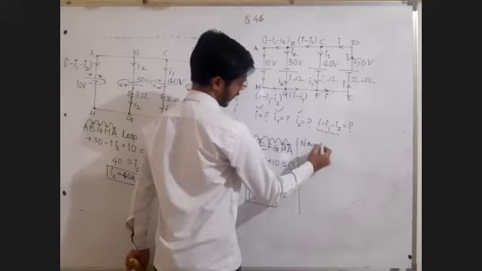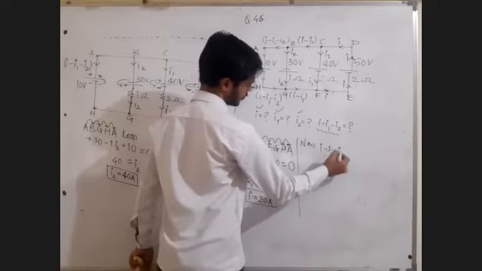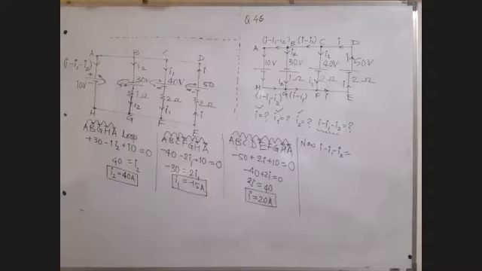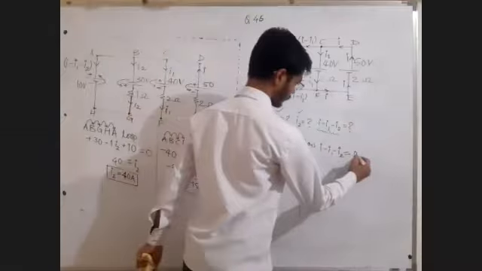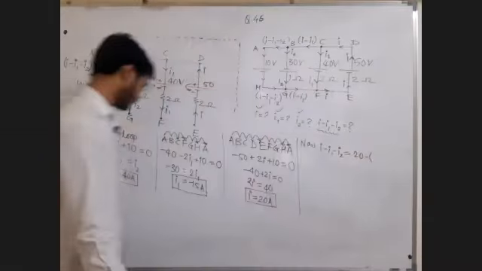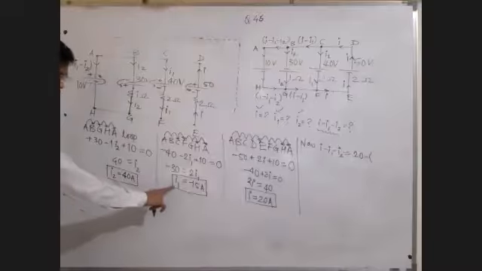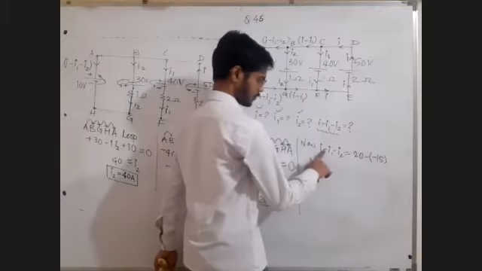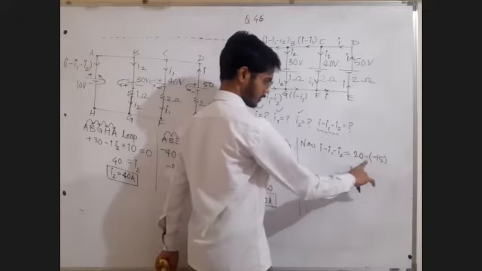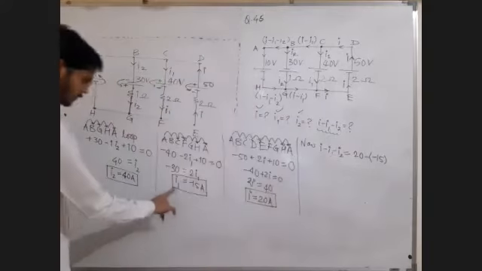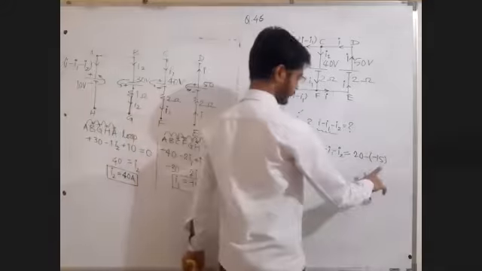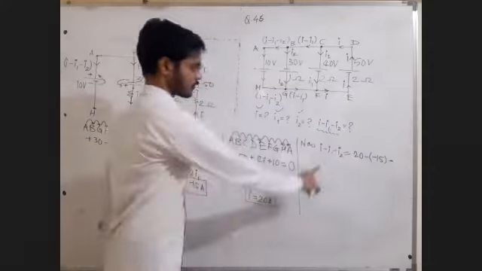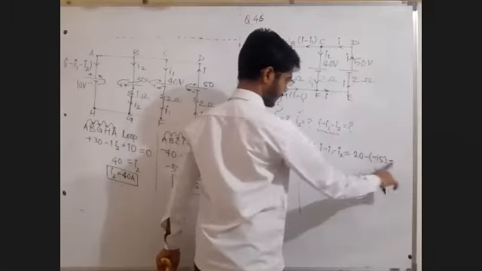That will be 20 minus, in a bracket, I1, which is minus 15. Keep it as it is, with the minus available here and here.